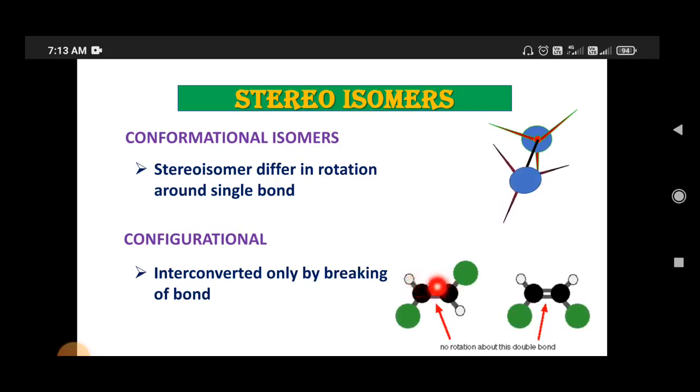This is the restricted bond. Around this restricted bond, if two similar groups are present on opposite sides, those isomers are known as trans isomers. If the same substituents are present on the same side, those isomers are known as cis isomers.